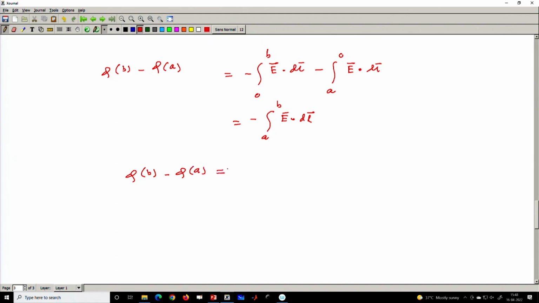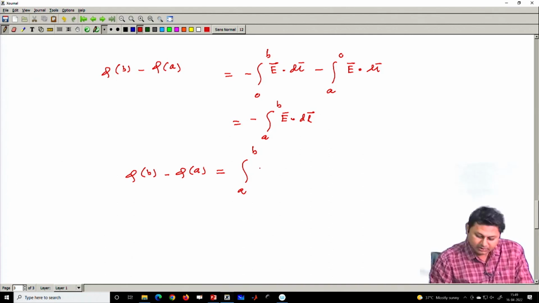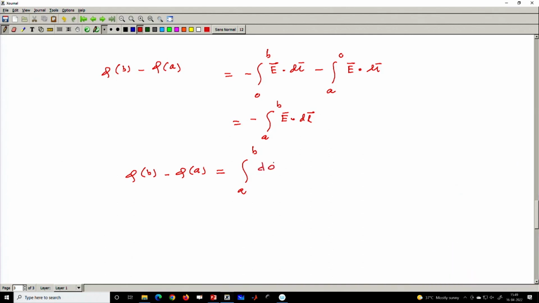I can write it simply as a to b d phi, and we already know that d phi I can write in terms of the gradient operator. We did it in our earlier classes.